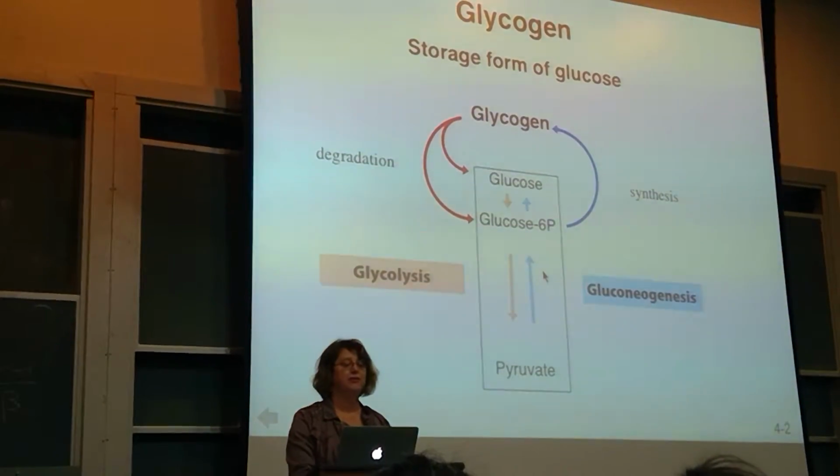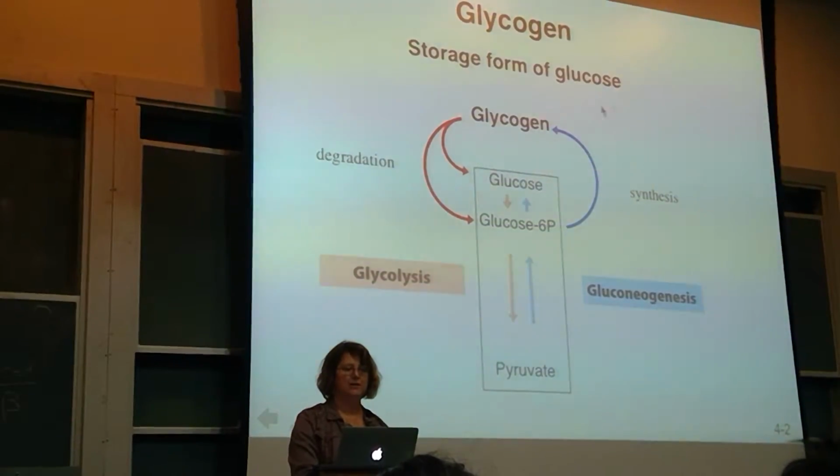If we look at glycogen, it's the storage form of glucose, and we're going to focus first on degradation. So basically we're going to get glucose and glucose 6-phosphate, which we can then convert to pyruvate, or we could use it in other things, like the PPP, the pentose phosphate pathway.